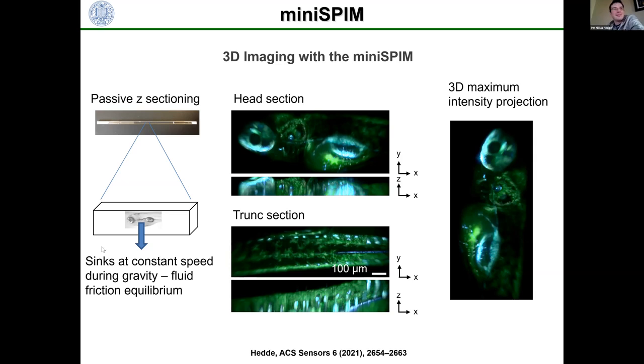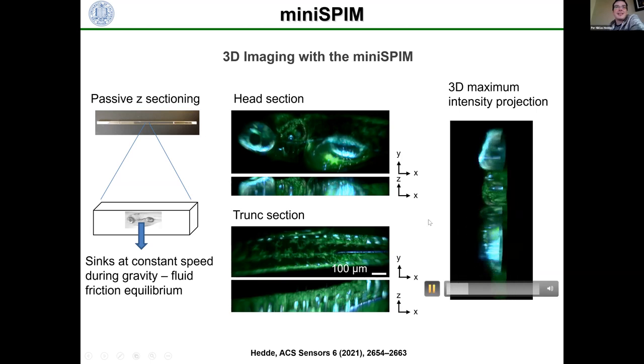Well, we were exploiting that the fish was suspended in glycerol. If you flip this instrument upside down, which you can do because it's very small, the fish will sink to the bottom at a mostly constant speed. And while taking these images, we also were able to acquire 3D data.